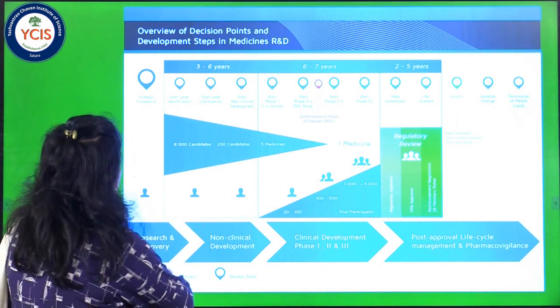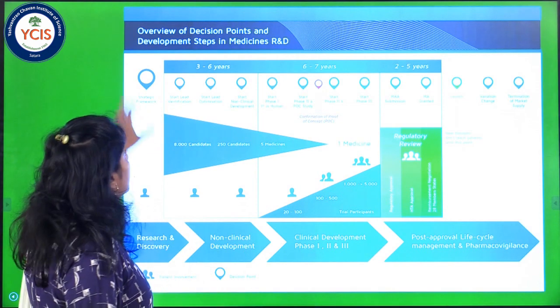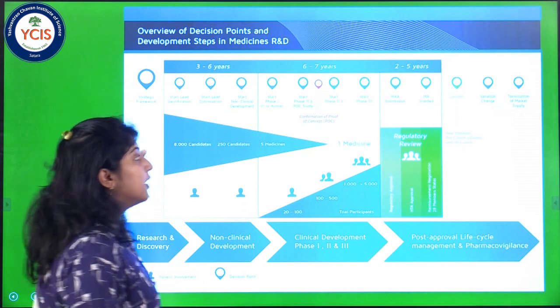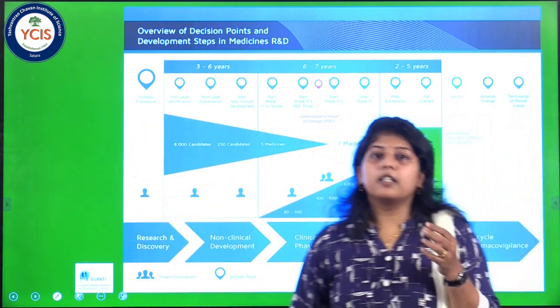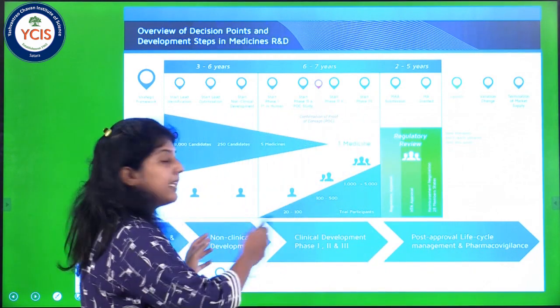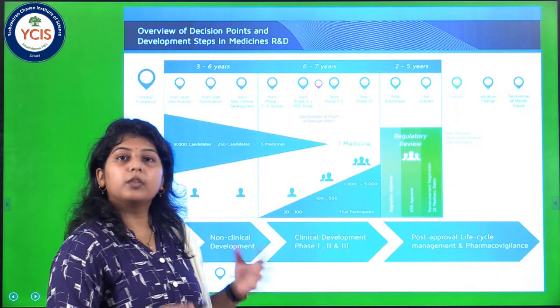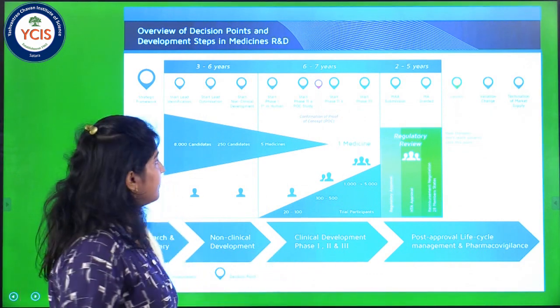First, we have this start or lead identification step. From the first step to the launch of that drug, it requires at least 12 to 15 years of research and development. So for that aspect also, we need to understand how drug development and discovery proceedings undergo.